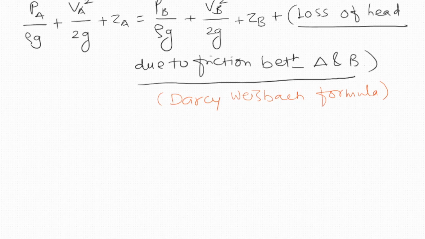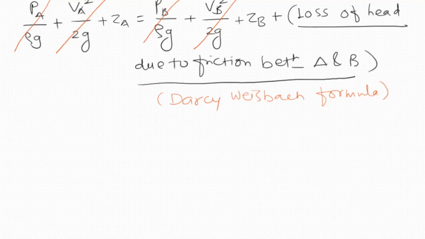So PA by rho G and PB by rho G have the same values, so I can cancel out these two terms. Also, the water in tank A is still and the water in tank B is also still, so the velocities in tank A and tank B will be 0.